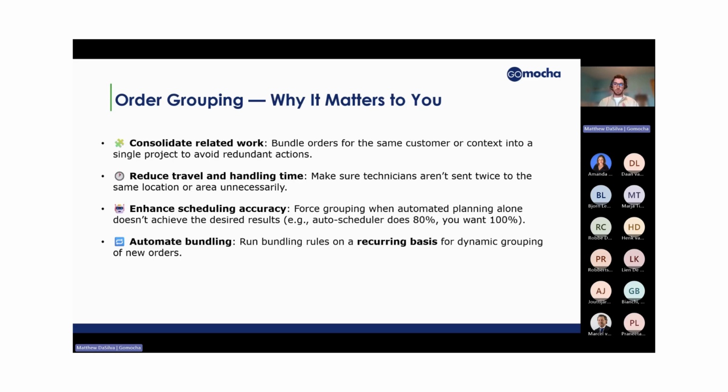The moment you enter your orders in your ERP, in your back-end system, they come to Gumoja and get grouped, depending on how you configured it, depending on the field, and then they get automatically scheduled if you use the automatic scheduler, and everything is one automated single process. And that's the other value of why it's important to you. It's automated bundling: run bundling rules on a recurring basis for dynamic grouping of new orders.